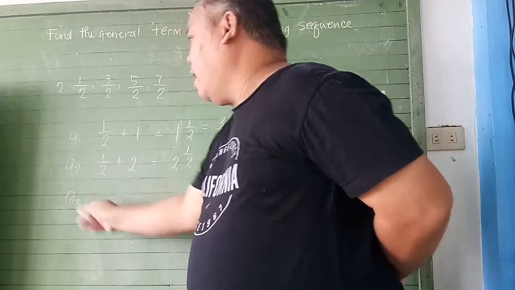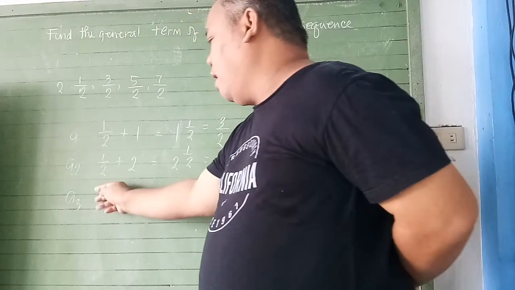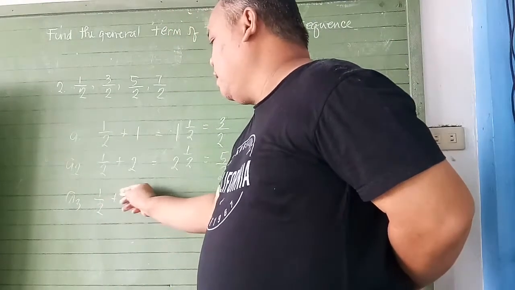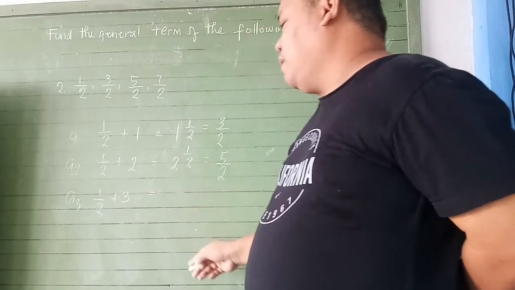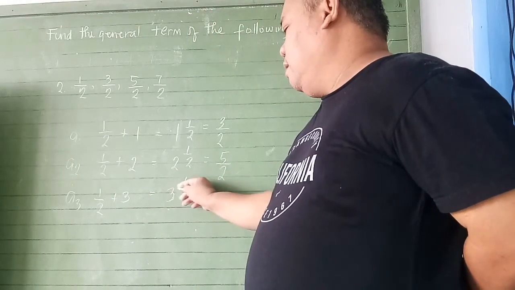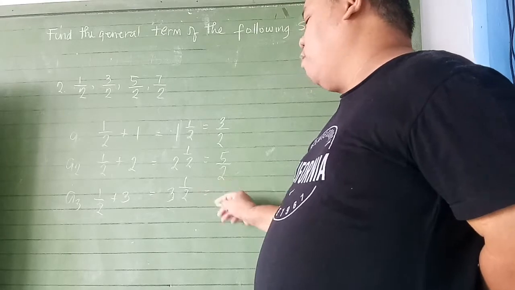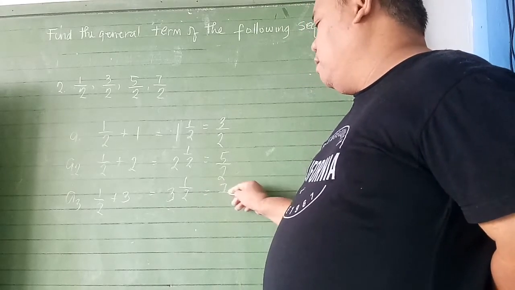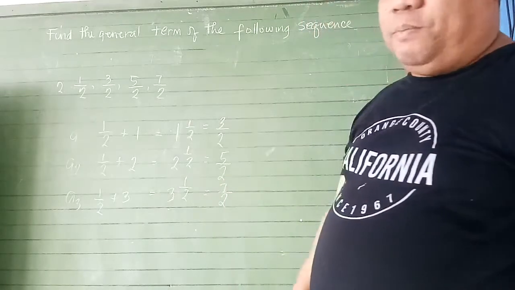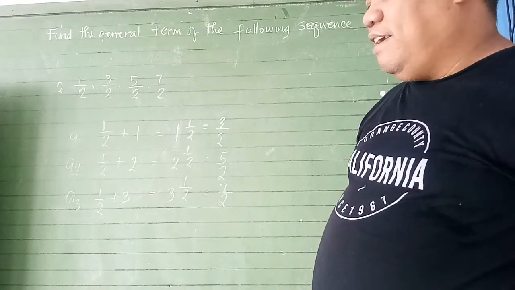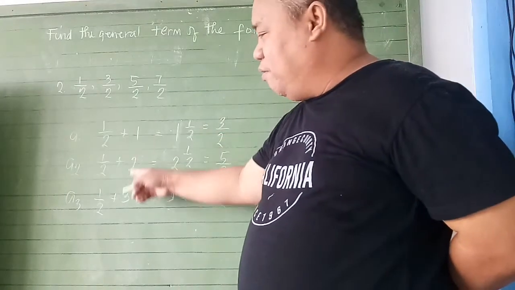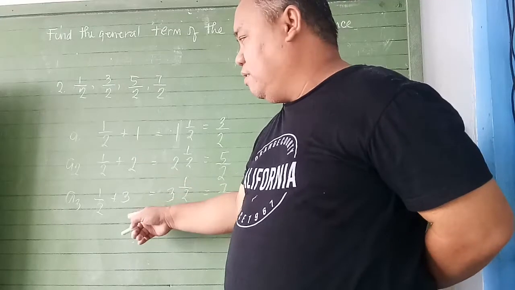A sub 3. Now, let's say we have here 1/2 plus 3. So it will give us 3 and 1/2, and it gives also 7/2. So what will be your pattern? Okay, your pattern should be, ito yung nagbabago, no? So this will be the changeable thing.